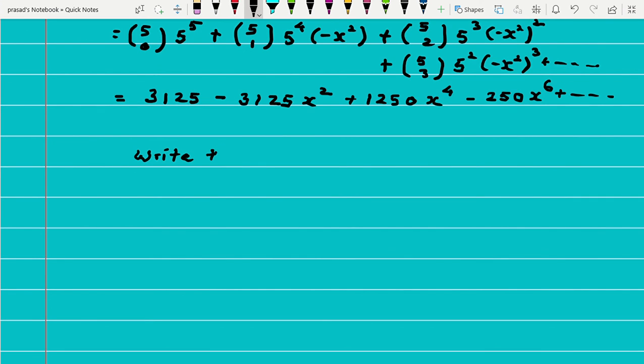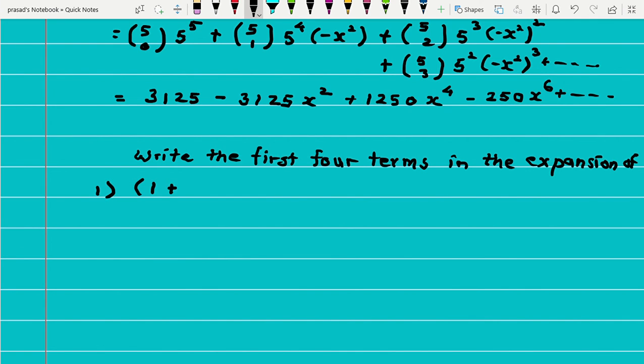Write the first 4 terms in the expansion of: the first one is 1 plus 5x to power 8.